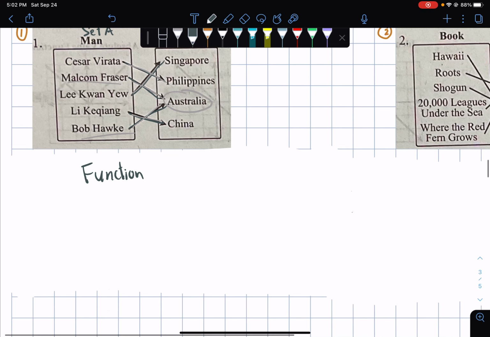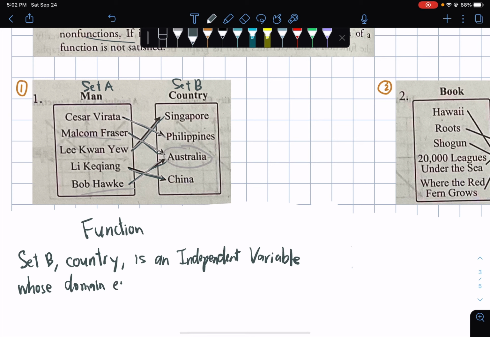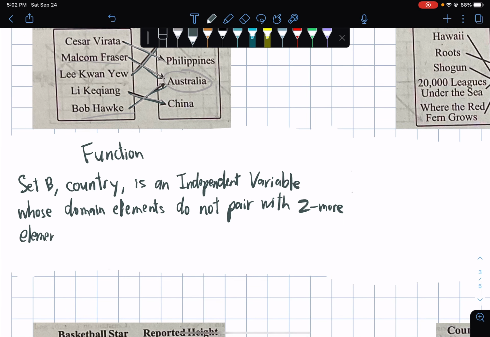So for the reason, set B, which is country, is an independent variable whose domain elements do not pair with two or more elements from set A. Note that this is the independent variable.